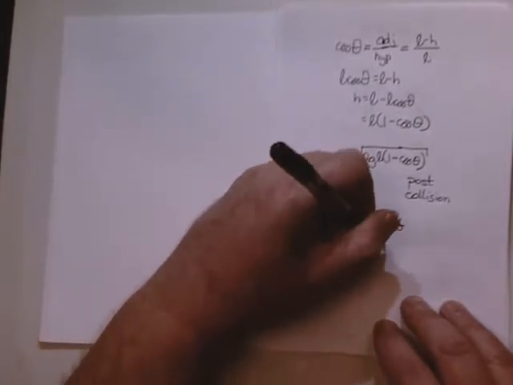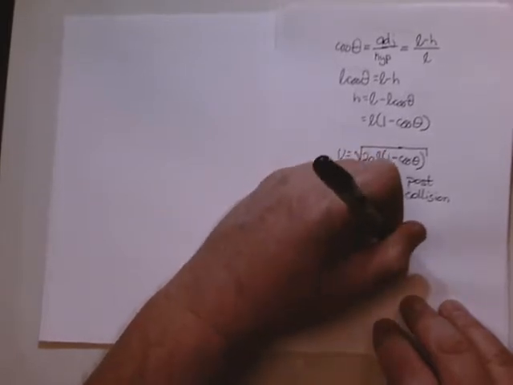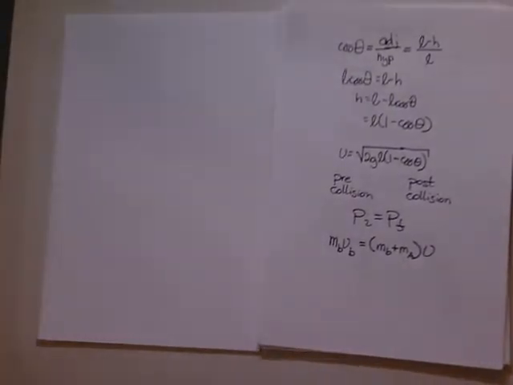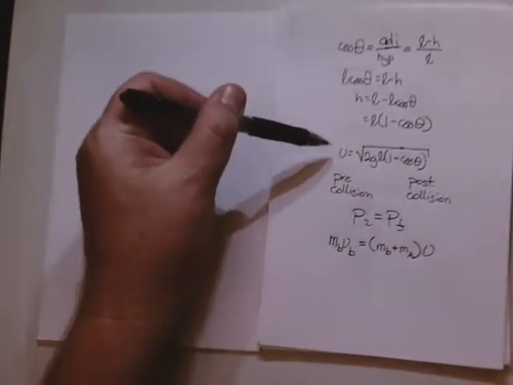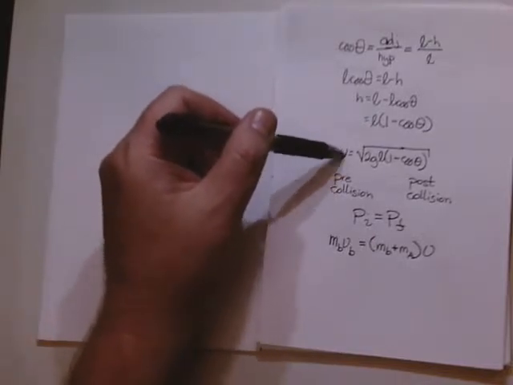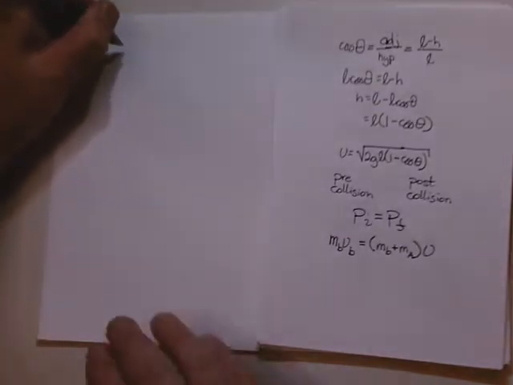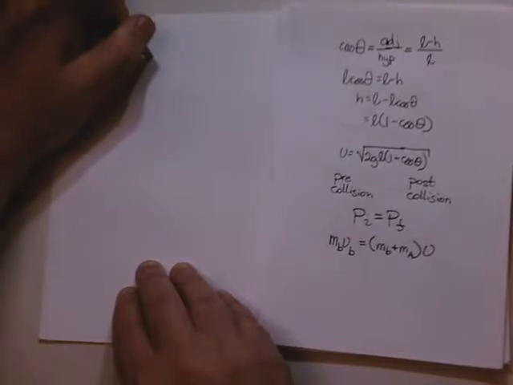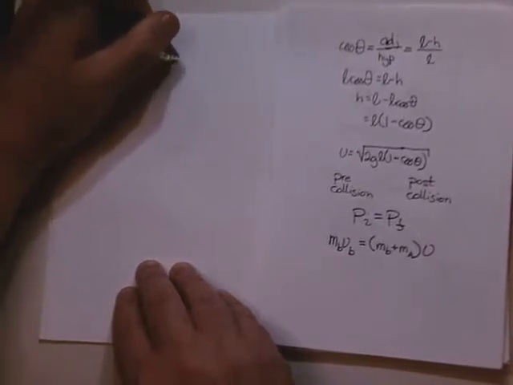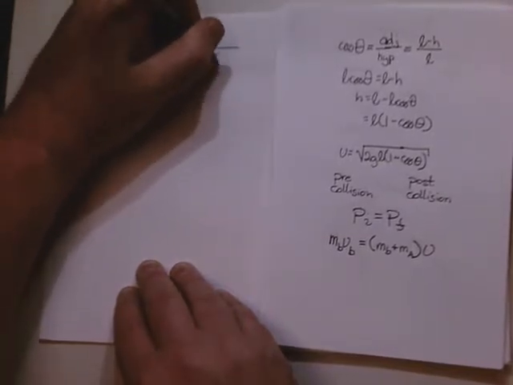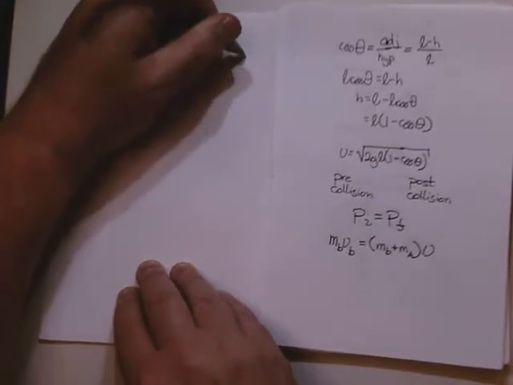Post-collision, the momentum is mass of the bullet plus mass of the arm times its velocity post-collision. The velocity post-collision is that expression right here. So what I'm going to do on the next line is MB VB is equal to (MB plus MA) times the square root of 2GL(1 minus cosine theta).